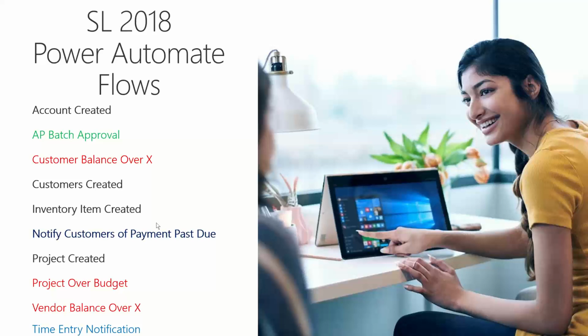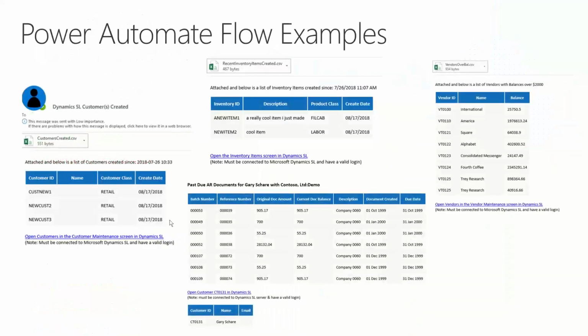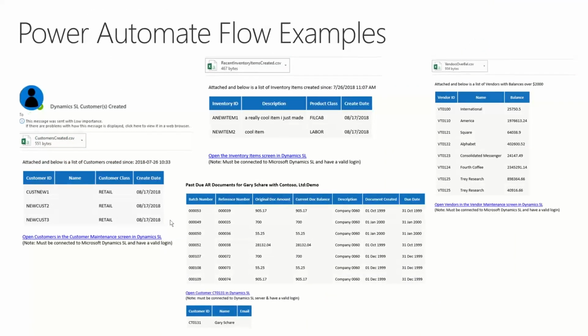Let me know when those things happen, and we can automatically set them up with Power Automate to email you so you can take action as opposed to waiting and searching maybe at a later time. We're proactively telling you when something's happening in your system. And then these are just a few examples of those emails that can be generated.